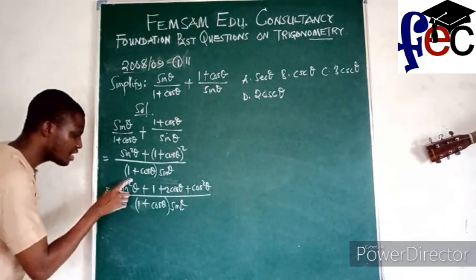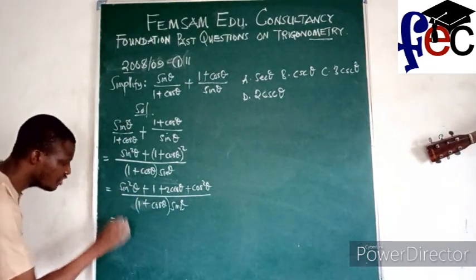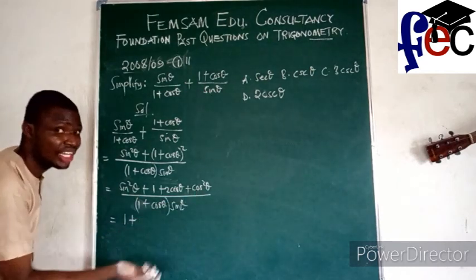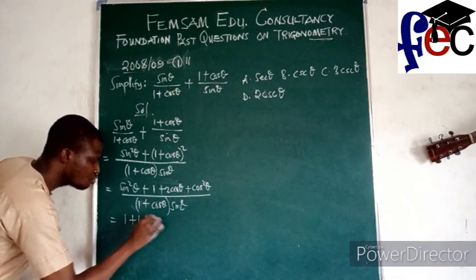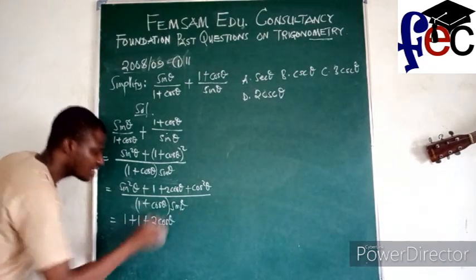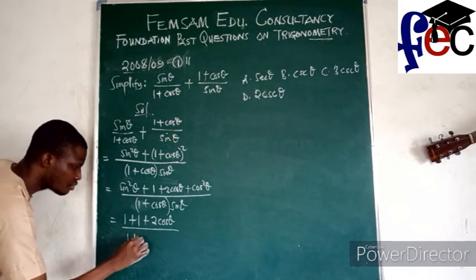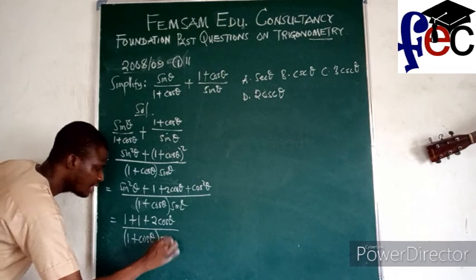So sine squared theta plus cos squared theta will give me 1. So this will give me 1 plus 1 plus 2 cos theta divided by 1 plus cos theta times sine theta.